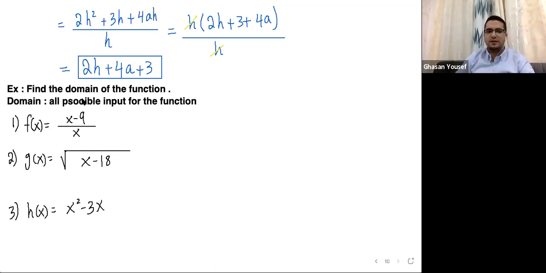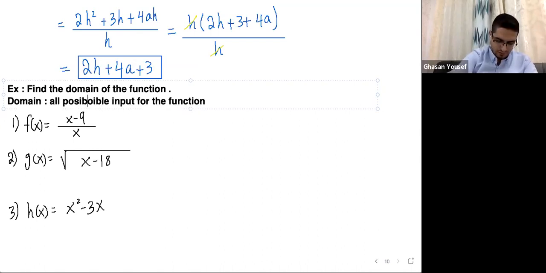The domain is all possible inputs for the function.